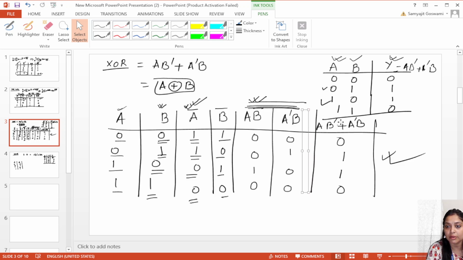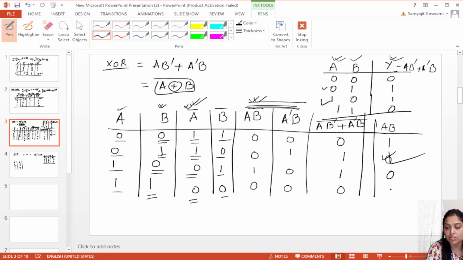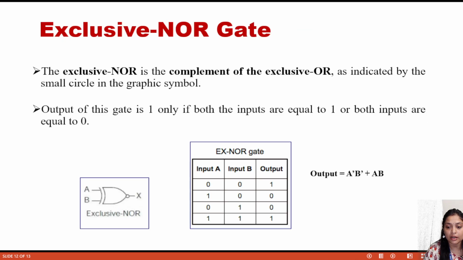This is the bar representation. If I multiply this A B part, it will come 1 0 0 1. This is the XNOR combination, that means AB plus A bar B bar.